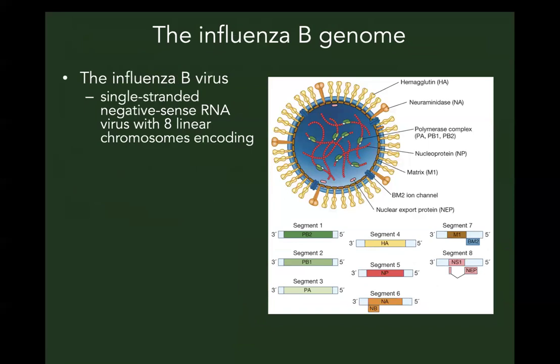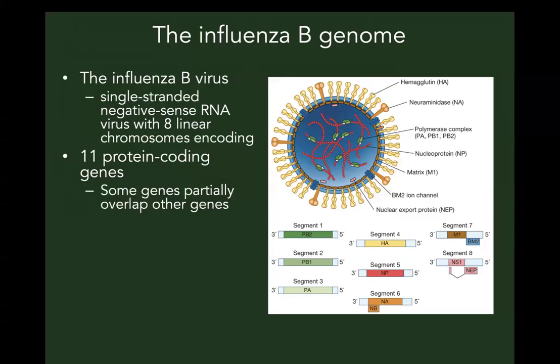Here's our corona and our influenza B genome. Actually, the other one did have a corona, so you were right. Here's a picture of the influenza B virus. It is a single-stranded, negative sense RNA virus. And unlike the coronavirus, it doesn't have a single chromosome. It has 8 different chromosomes, and they're not circular, they're linear.